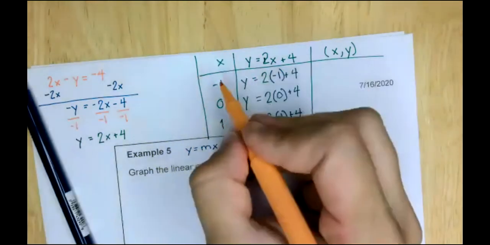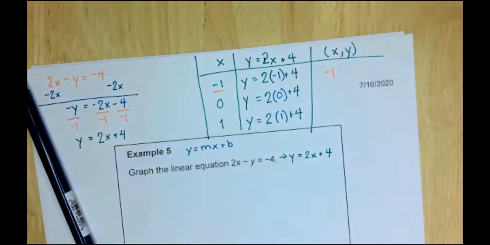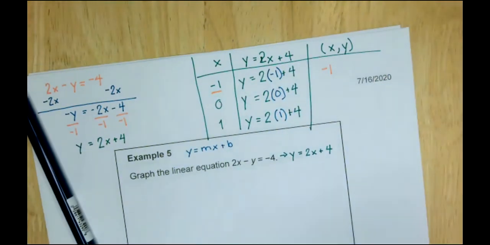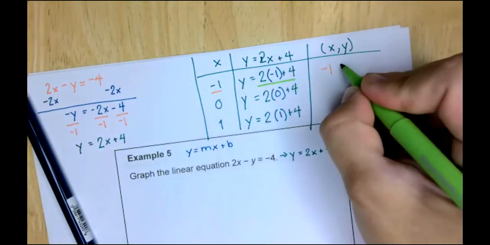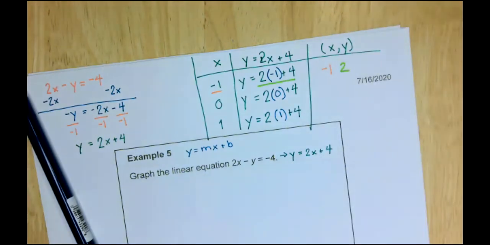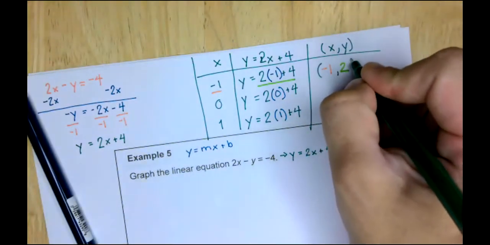So the x that I'm using is this one, -1. And then the y comes from over here. -2 plus 4 is 2. So that's where I got those two numbers if I was going too quickly last time.